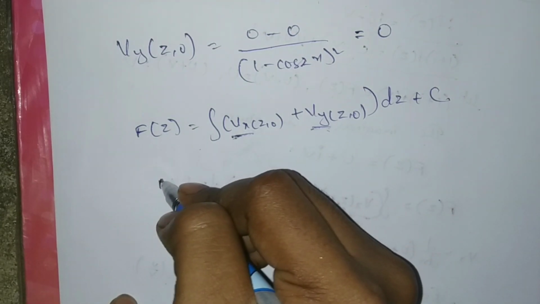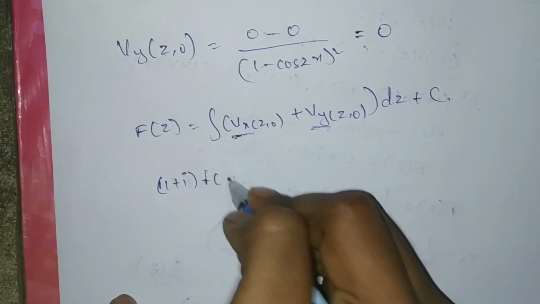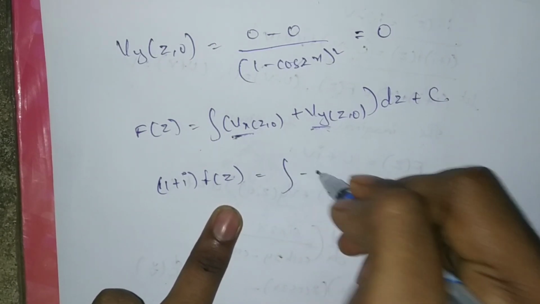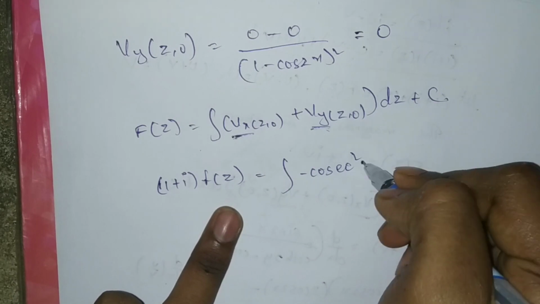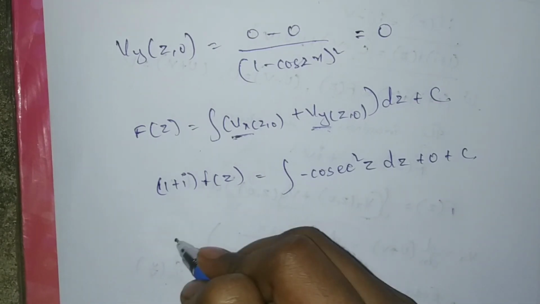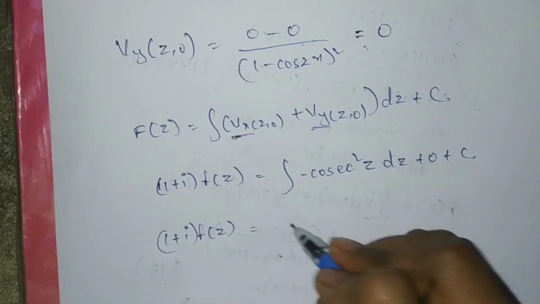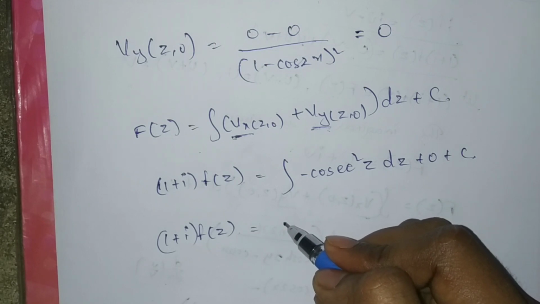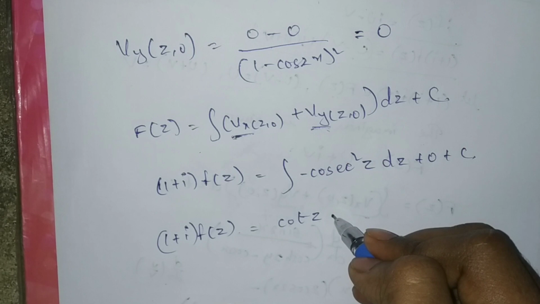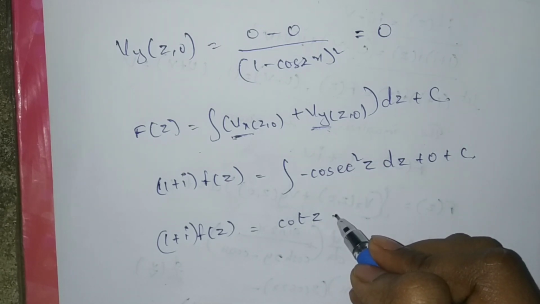So (1 + i) f(z) equals the integral of minus cosecant square z dz plus 0 plus c.